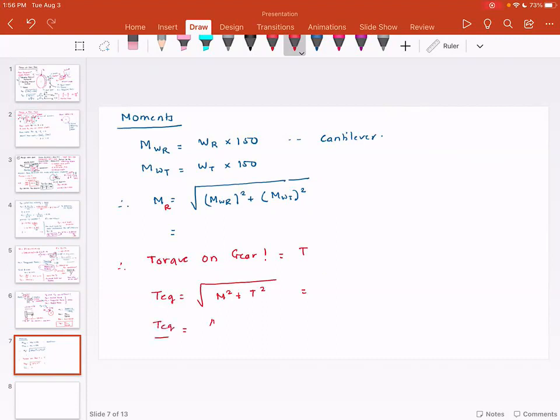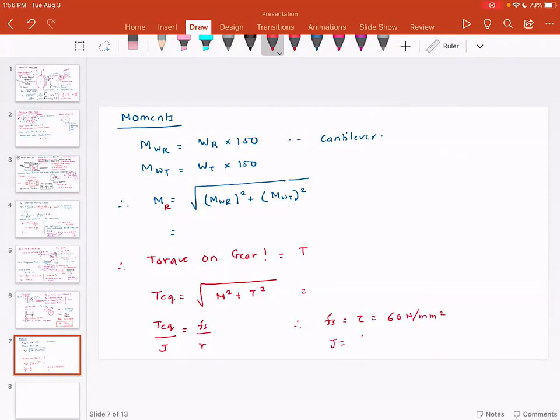TEQ divided by J is equal to Fs divided by R, where Fs we can use the same shaft. This is the torsional stress, this is nothing but tau, and that can be assumed to be 60 Newton per millimeter square.